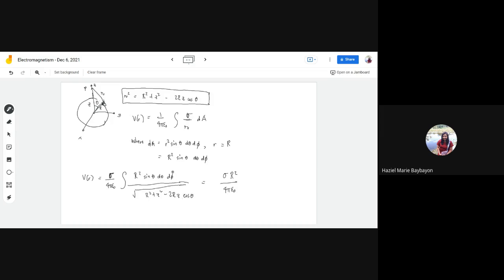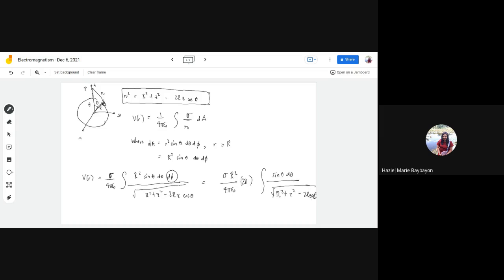So we can evaluate d phi immediately since wala may laing phi diri sa integrand, no? We know that the integral of d phi is equal to 2 pi. And then we are left with this: the integral of sine theta d theta divided by the square root of R squared plus z squared minus 2Rz cosine theta.